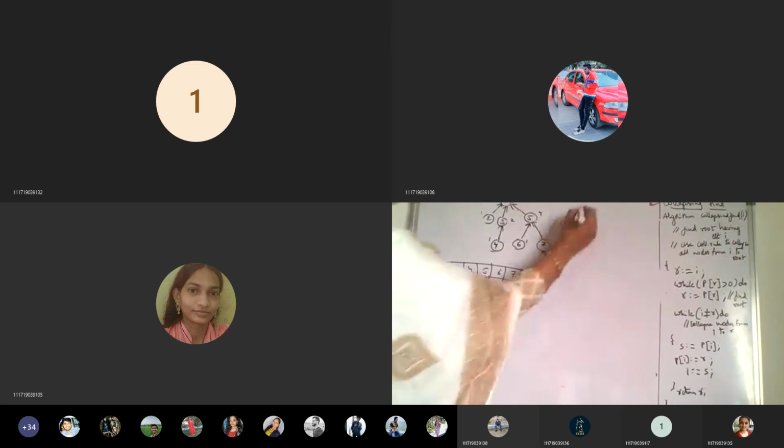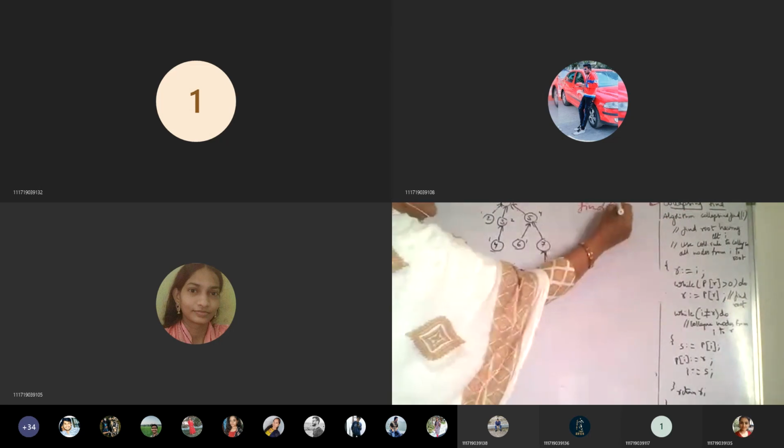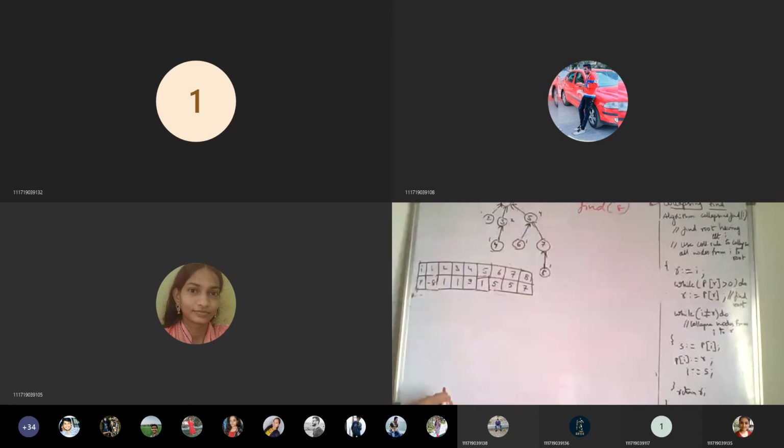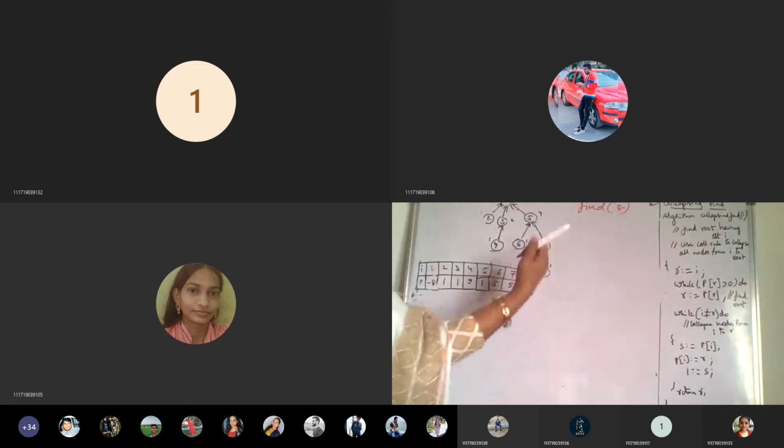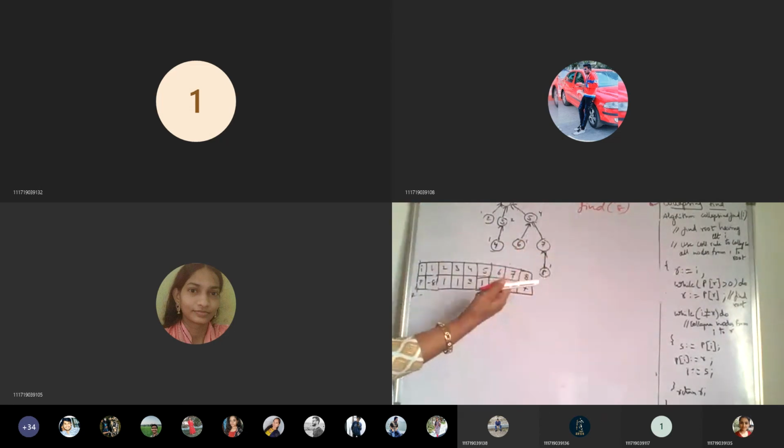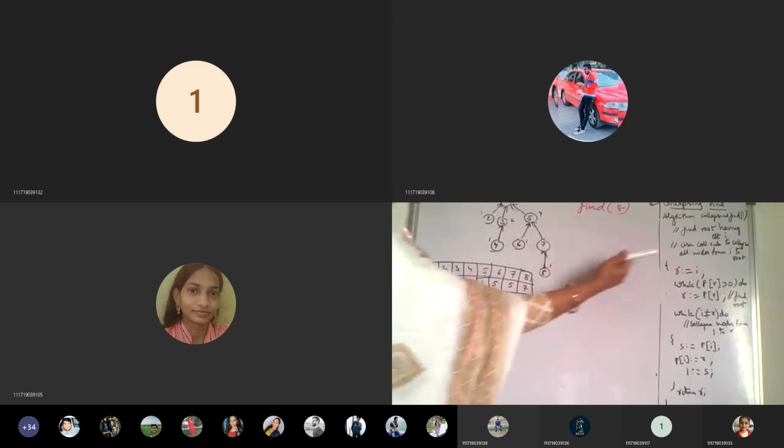Say suppose I am going to find for element 8. Find the root having element i. So here for 8, what is the root? It is 1. Okay, so that we are going to do.